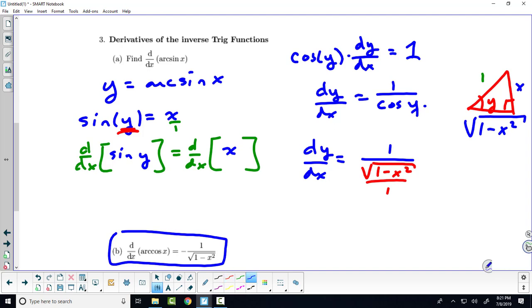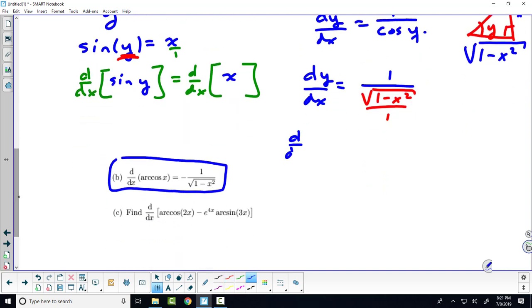But at long last, what have we said? We said if we want to take the derivative of the arcsine of x, what is its derivative? We've said that it's 1 over the square root of 1 minus x squared.